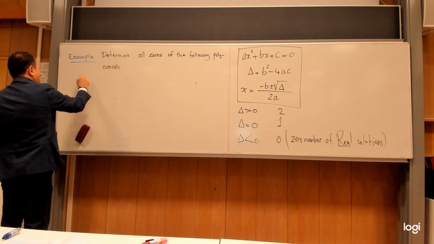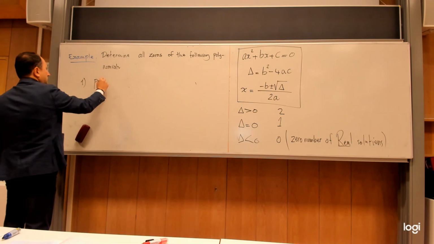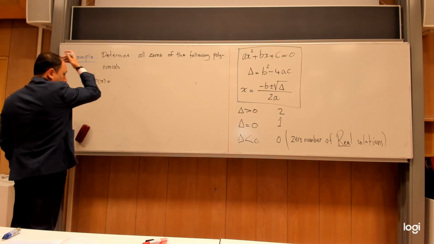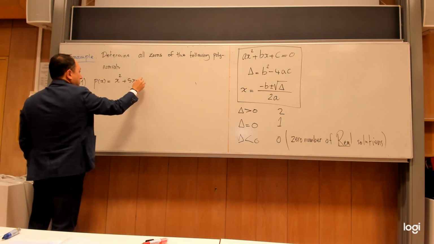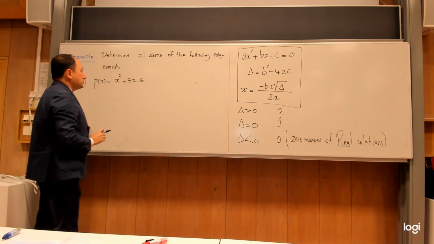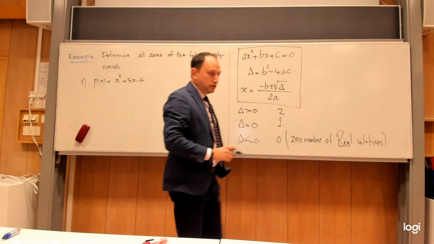So we can say one, for example, p of x is equal to x squared plus 5x minus 6. So I want you to find all zeros of this polynomial.